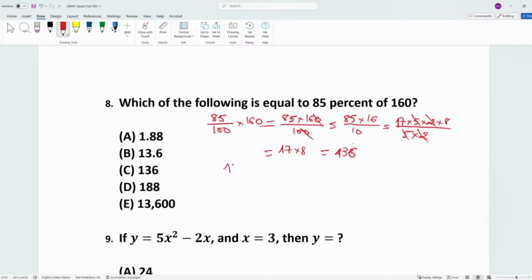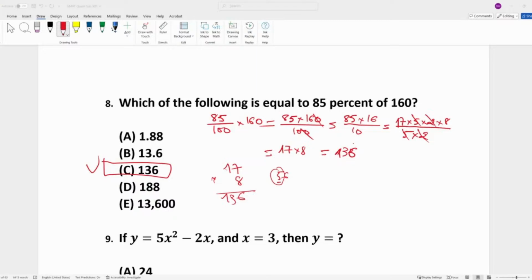If we do the calculation here, 8 times 7 is 56. So we say 6 here, we're going to carry the 5, and 1 times 8 is 8, plus the carry here, which gives us 13. So the answer is answer C.